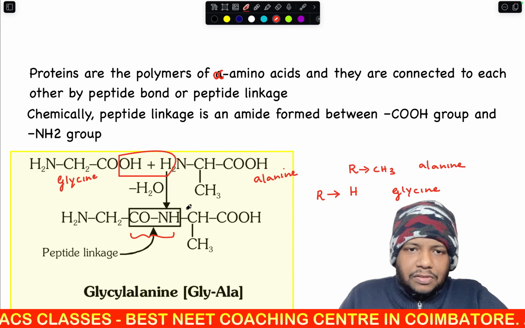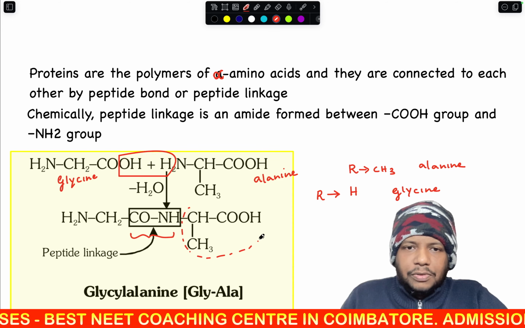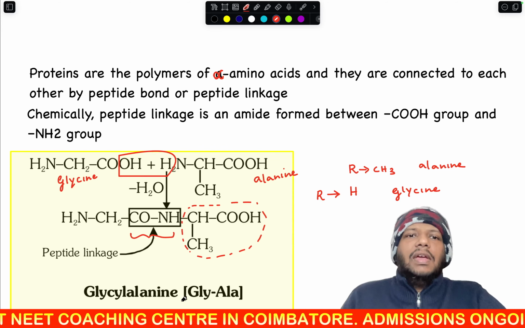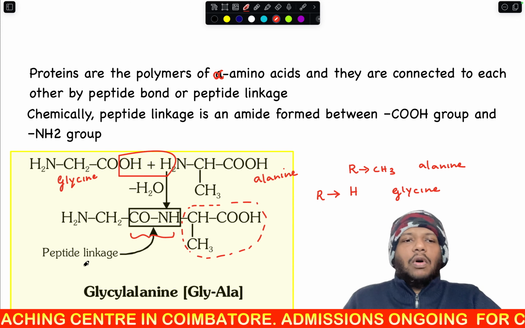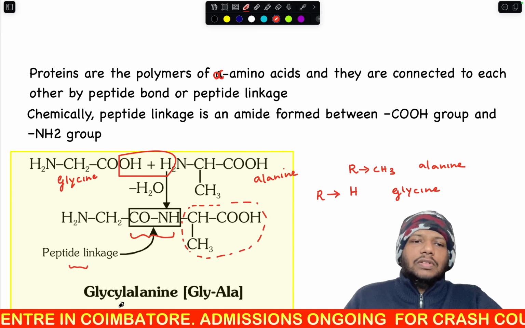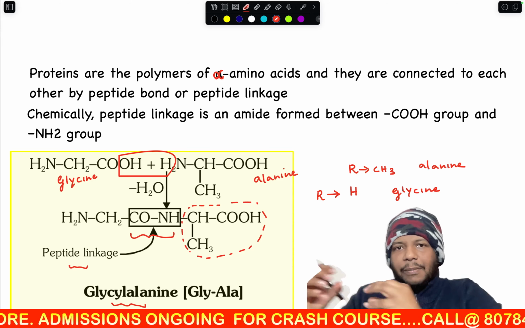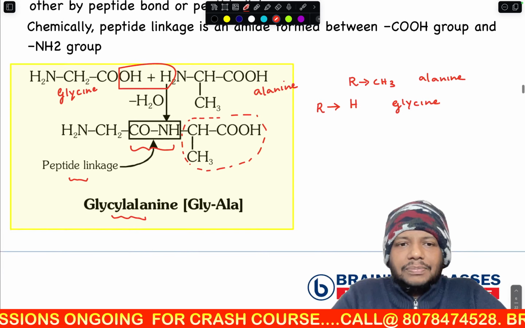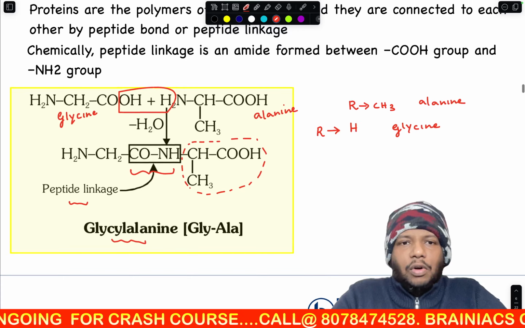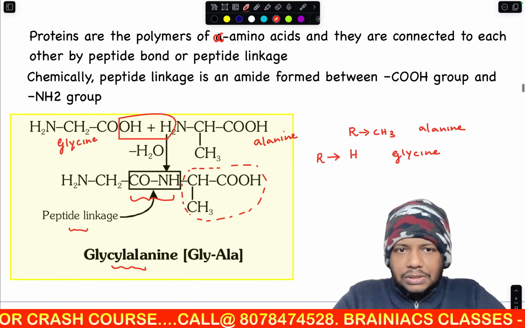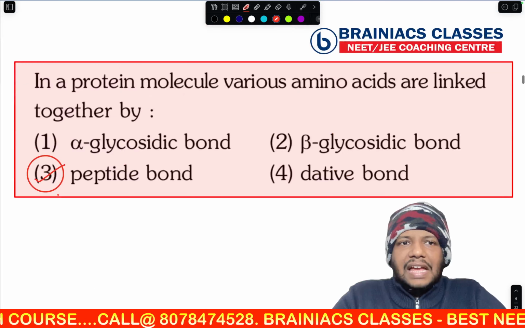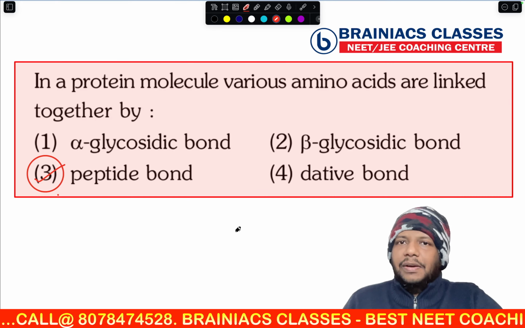So one H is replaced by this, means it's a substituent of amide. Okay, so that's why the CONH is called peptide linkage. So this is called glycyl alanine. Okay, so this is how different amino acids are linked together. Clear? So I hope this is clear for you. Any doubt? Okay, so I can say the answer here in this case is peptide bond.